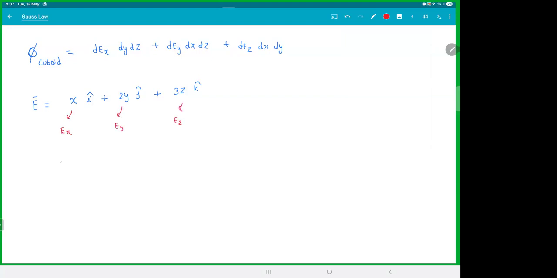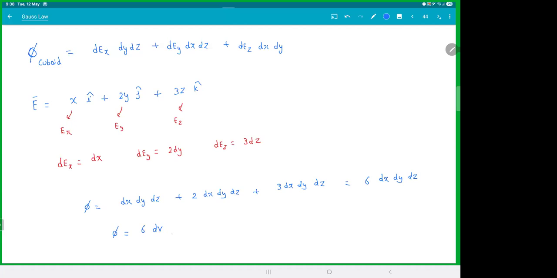Those are the coefficients. dEx is dx, dEy is 2dy, dEz is 3dz. Substitute. You get flux equal to dx dy dz plus 2 dx dy dz plus 3 dx dy dz, which is simply 6 times dx dy dz. This can be written as the flux through a small cuboid is nothing but 6 dV, where dV is your volume.